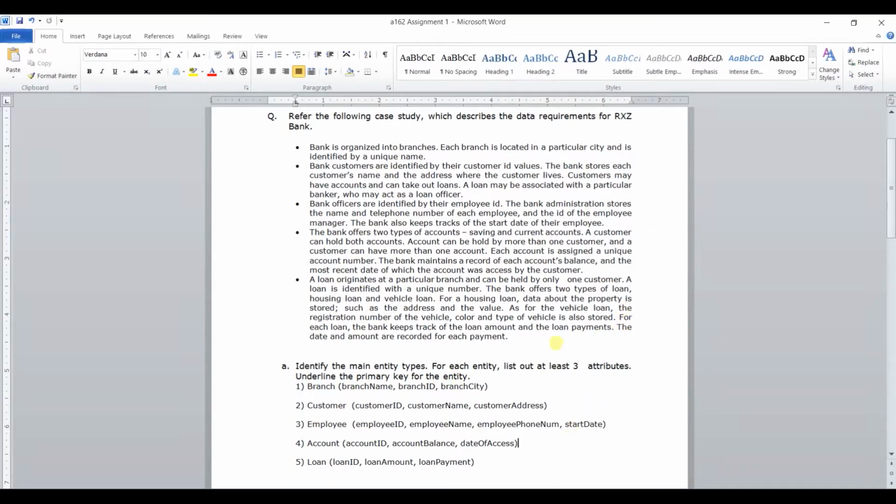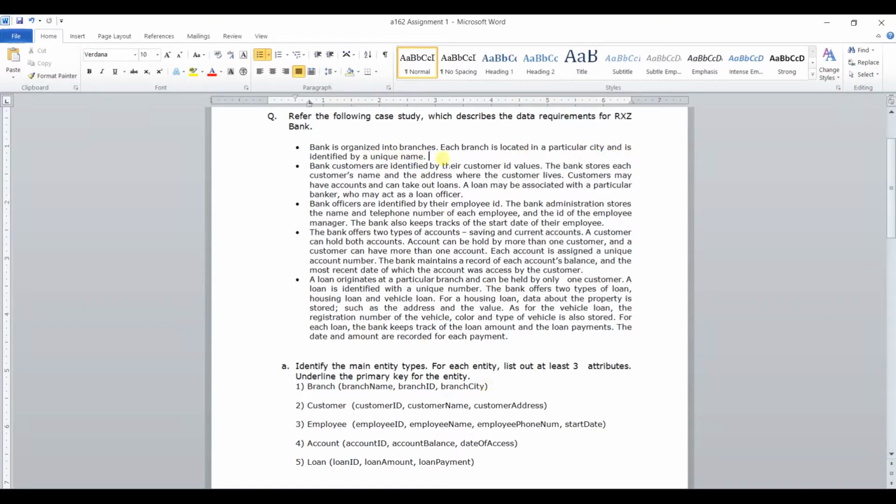Okay, so in the case study, I have found 5 main entities. The first one is branch. This is at the first paragraph here. The bank is organized into branches. Each branch is located in a particular city and it is identified by a unique name.